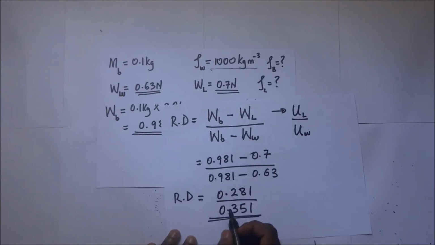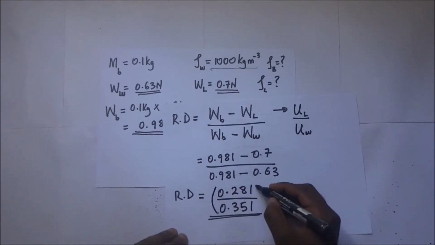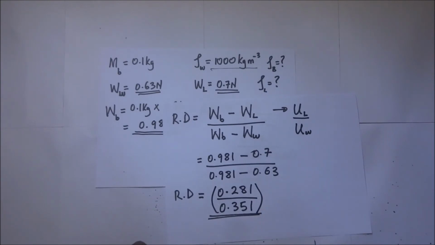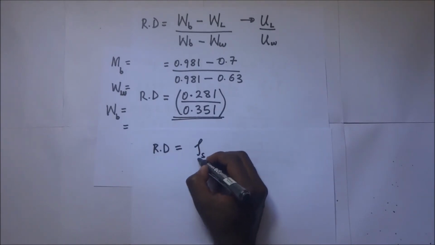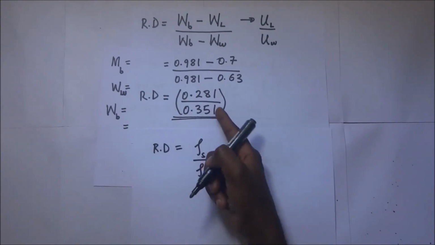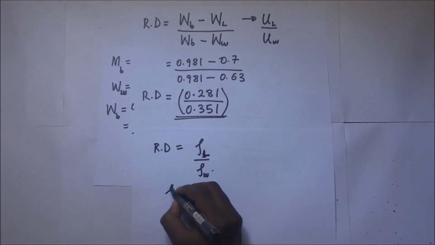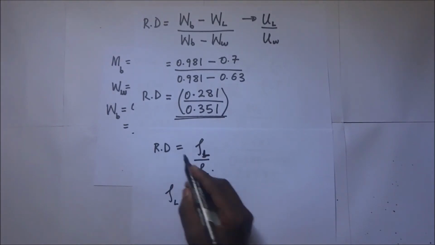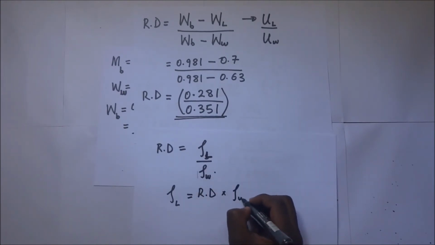Now that we have the relative density, we can go ahead and find the density of the liquid like the question requires. We know that relative density is given by density of a substance divided by density of water. The substance in this case is the liquid, so it's going to be the density of the liquid. So we make density of the liquid the subject of the formula. It is going to give us the relative density multiplied by the density of water.